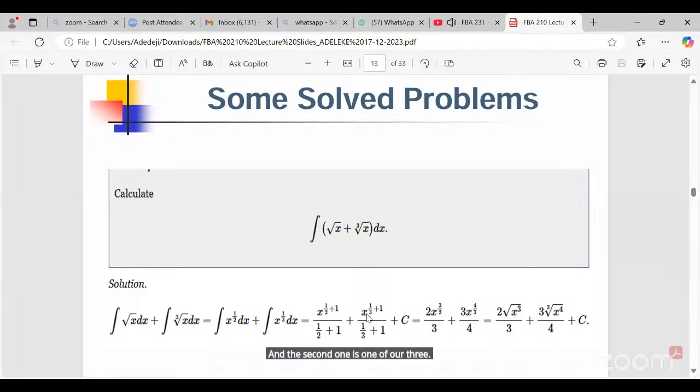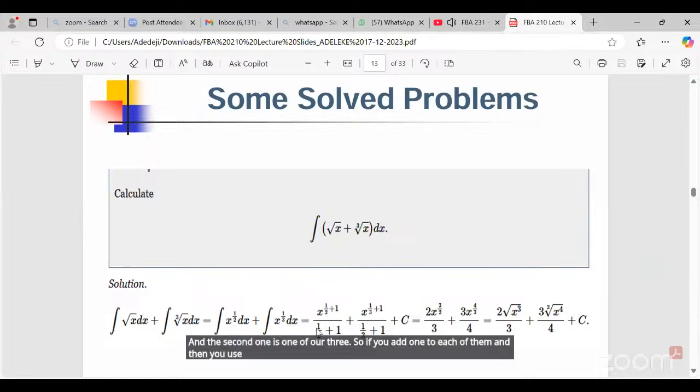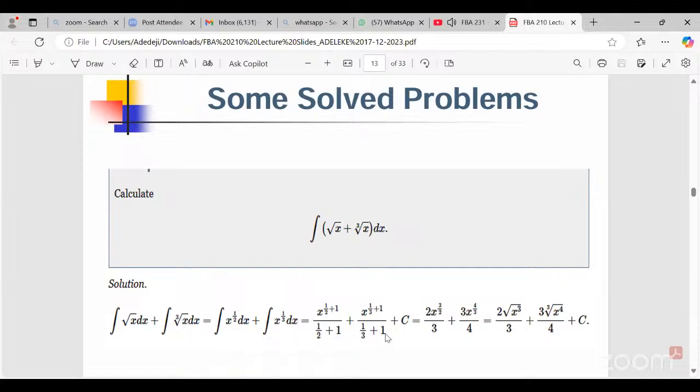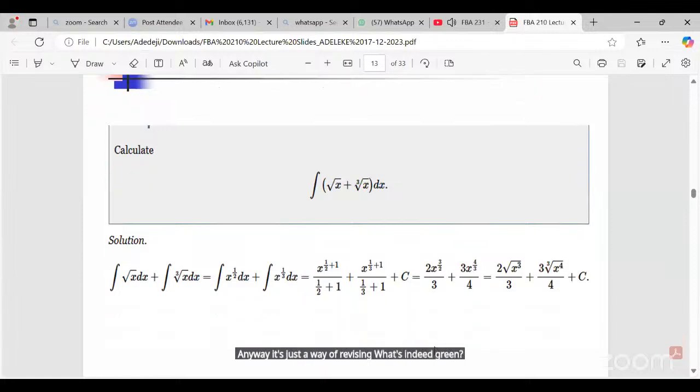If you add 1 to each of them, and then use the new power to divide the term, we shall have the result as being displayed. These are not difficult in any way. It's just a way of revising what we did during the 120.